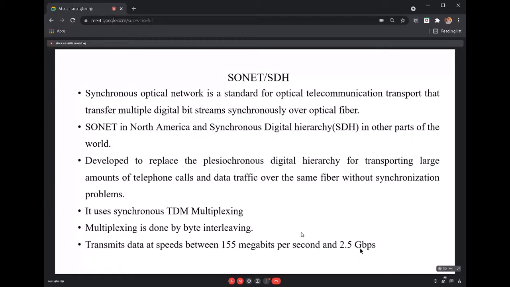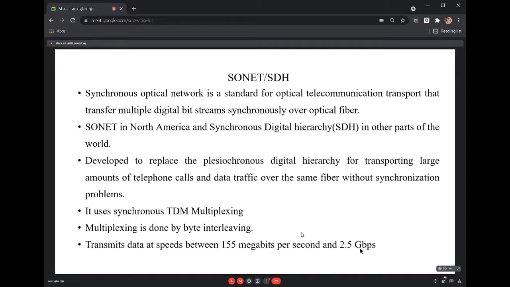By making use of STS-1, STS-3 and so on, you are increasing the rate, that is, you are multiplying it with the n value: 1, 3, 12, 24, 48 and up to 192. That is the ANSI T1 standard through which you can enhance.